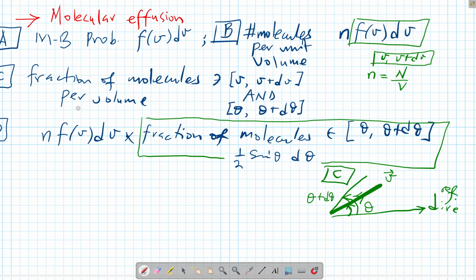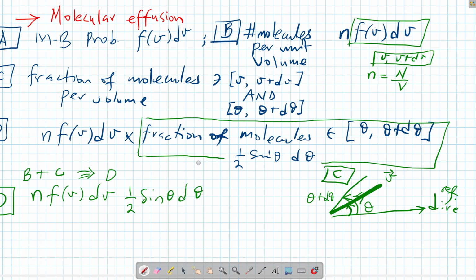So combining the two, that is the points in B and C, gives D for us. Point D, I'm going to write it again, is n f of v dv 1/2 sine theta d theta.